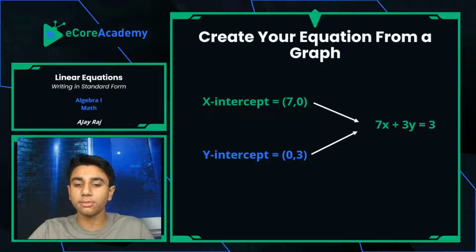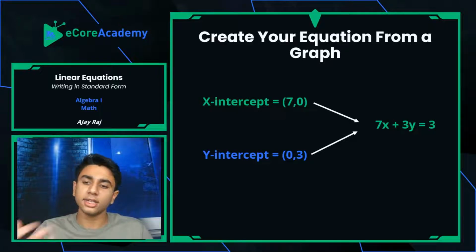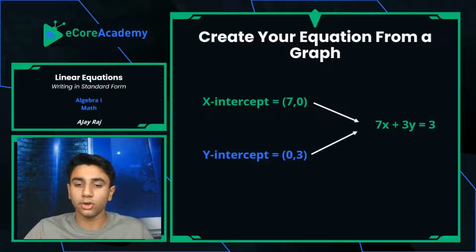So for your x-intercept, you can plug in 7 for your a, and then for your y-intercept, it's going to be 3 for your b. An easy way to tell is that you're multiplying your a to your x, so that's going to be your x-intercept, and your b to your y, so b is going to be your y-intercept. And then the constant is going to be determined by the specific graph that you're given.